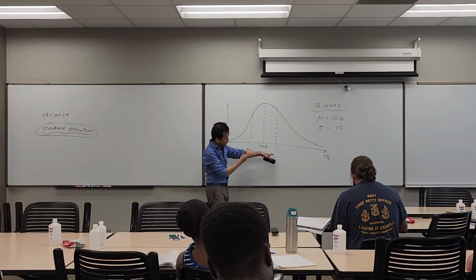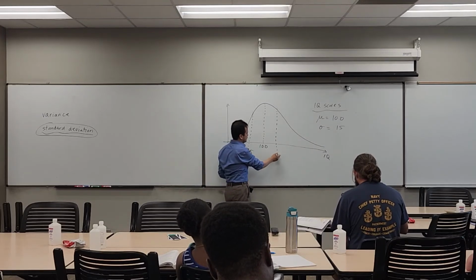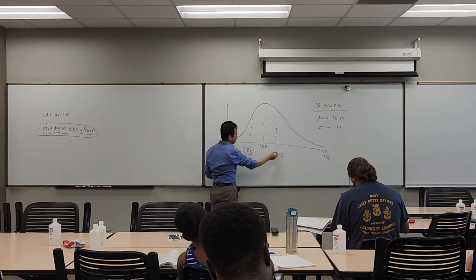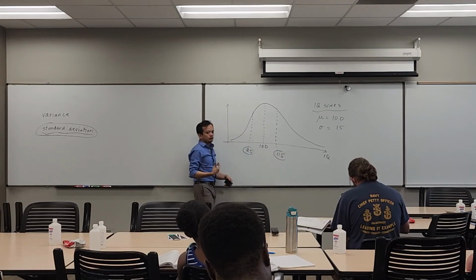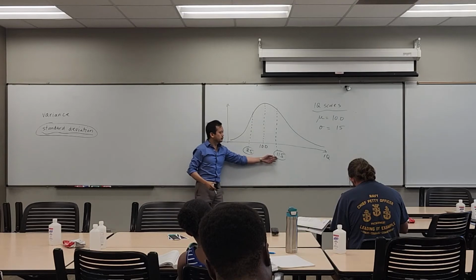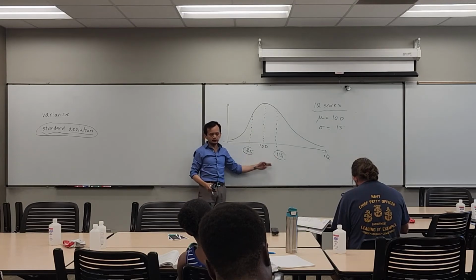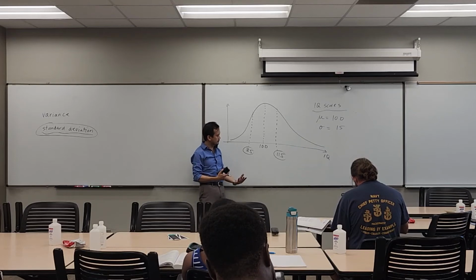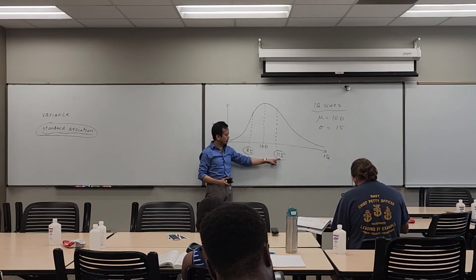And then one standard deviation above the mean will be 115. So all values within one standard deviation of the mean are between 85 and 115.